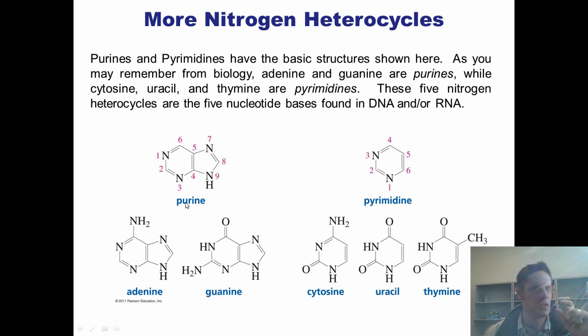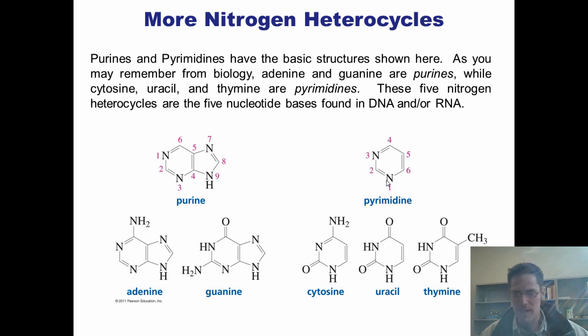Thus, purine, which is a smaller word, corresponds to the structure that is larger, and pyrimidine, which is a larger word, corresponds to the structure that is smaller. Now, I realize that that might seem absolutely insane and like an extremely stupid way of remembering this, but for whatever reason, when I was learning these structures back as an undergraduate, that's the way I remembered, and it stuck.